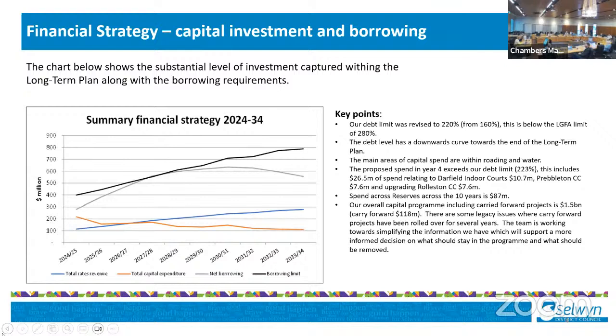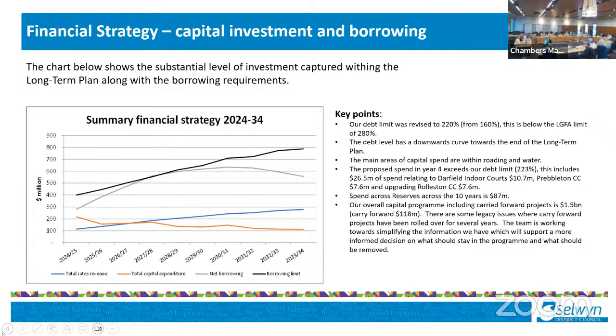On the grey line, which sits just below it, the gap is where we're sitting between our debt limit. You can see in the middle there, where the programme is phased, we're right at the top, and at one part we are breaching that by 3%. But the positive thing is that the grey line is trending off over the end of the long-term plan period.